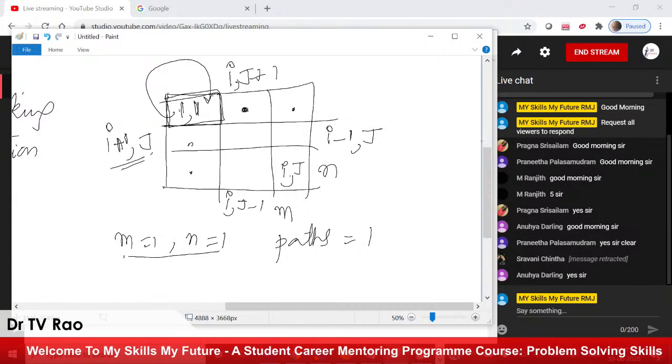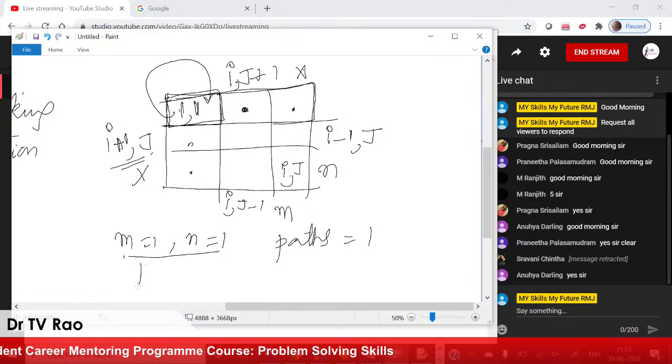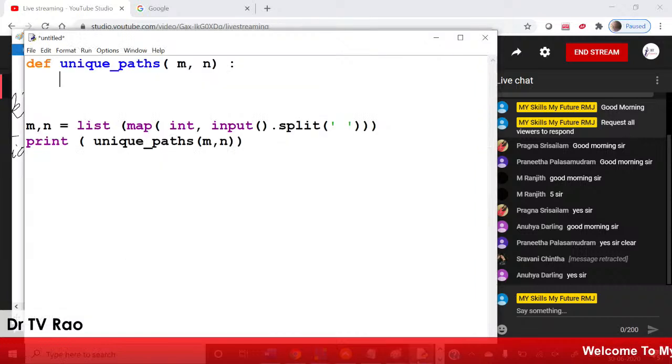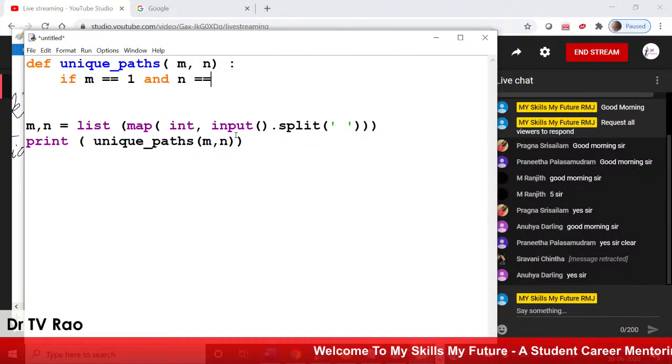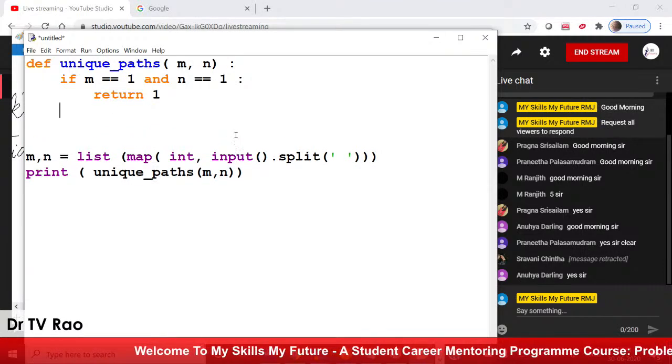So I cannot be less than 1, j cannot be less than 1. They are boundary conditions. Now let us see. If m equal to 1 and n equal to 1, return 1.